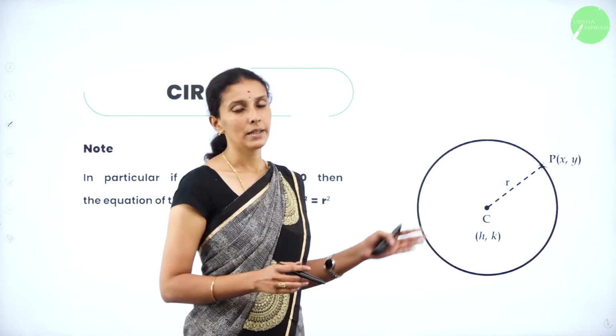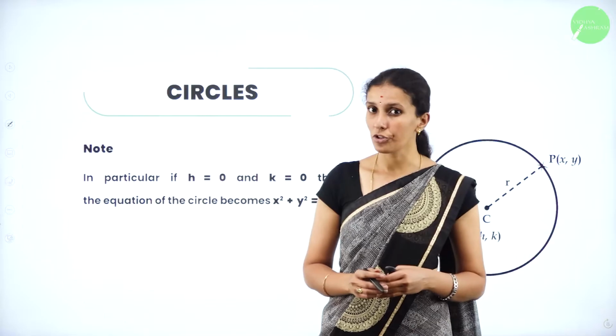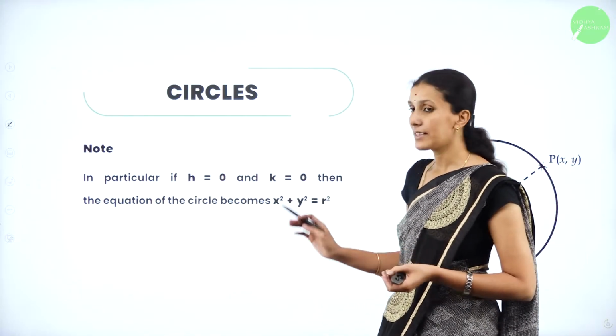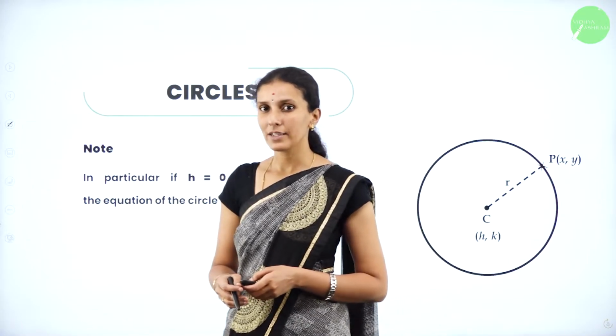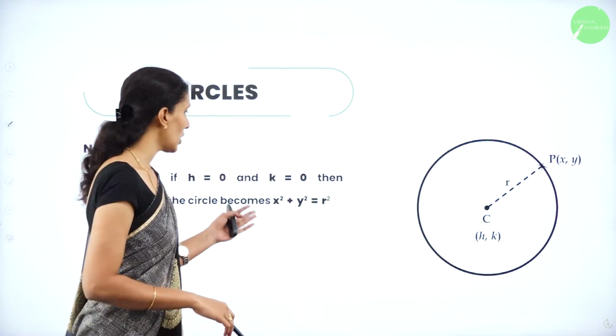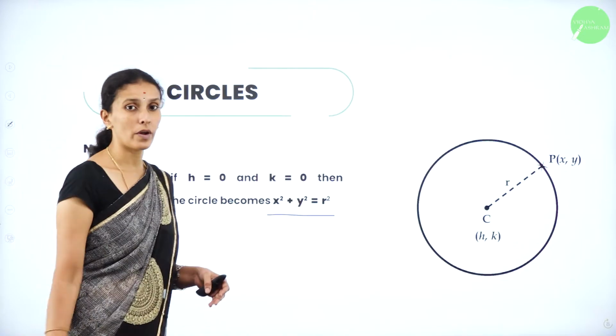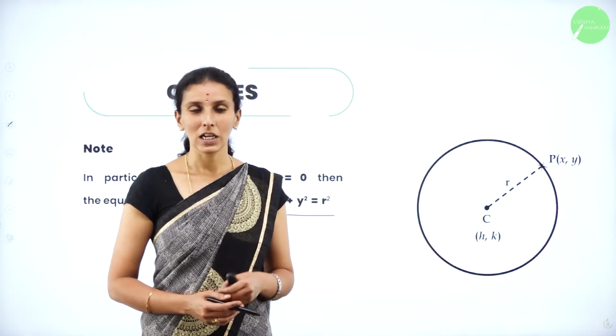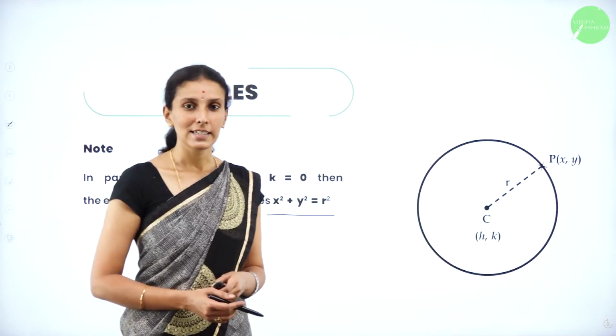Now, as I said, the previous one is the standard equation of the circle. If you substitute h is equal to 0 and k is equal to 0 in the previous equation, you will get back the equation x square plus y square is equal to r square, which is the general equation of the circle with origin as the center.